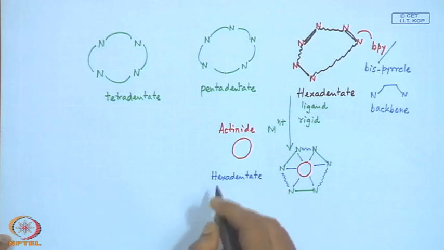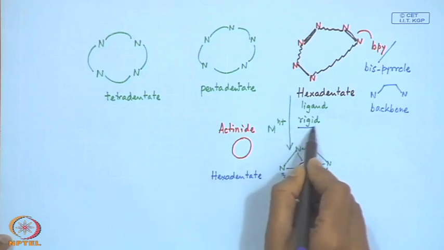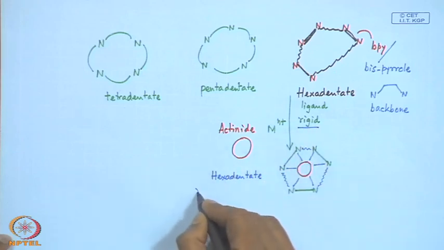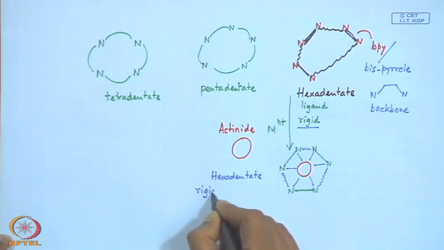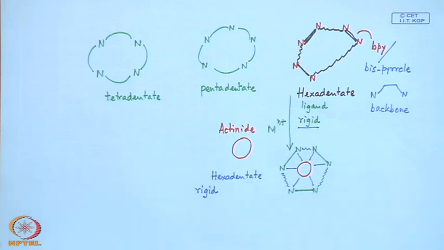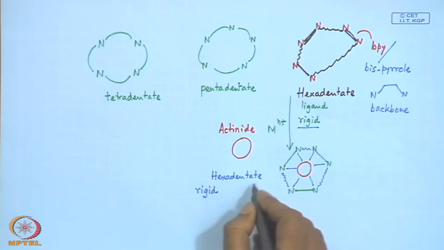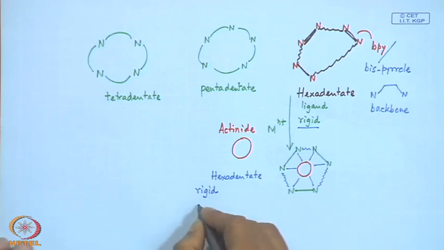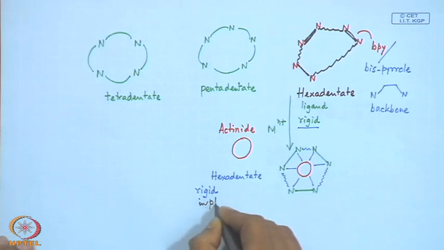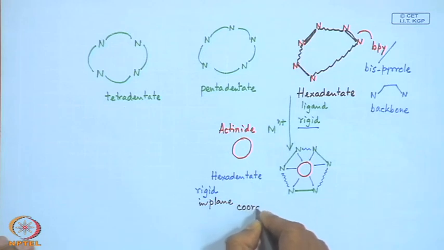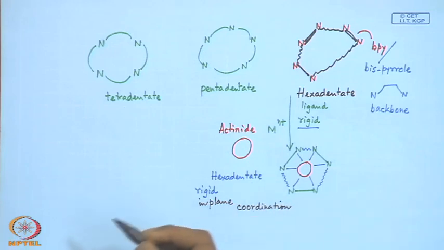So, hexadentate, the structure is rigid also, and all the coordinations are taking place in a particular plane. So, hexadentate rigid in-plane coordination is possible.